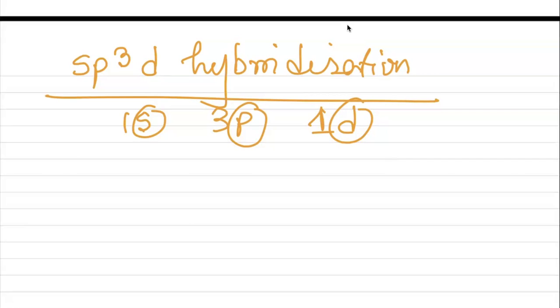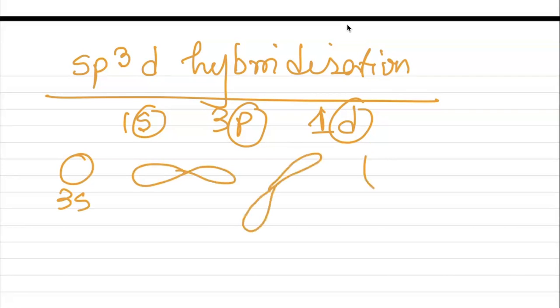Obviously here you see the 3s orbital, the p orbitals px, py, pz, and here the 3d z square orbital.